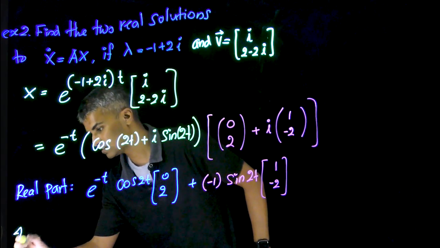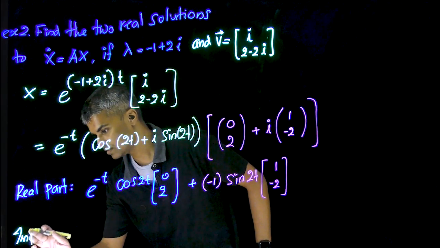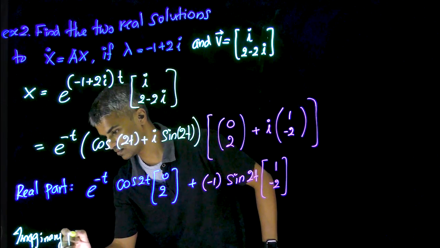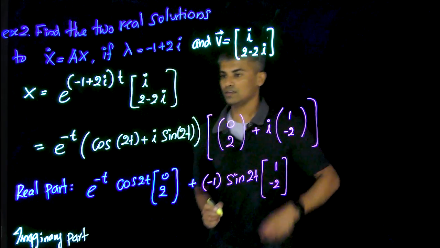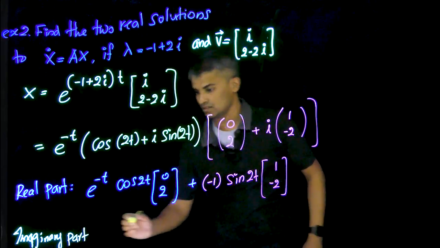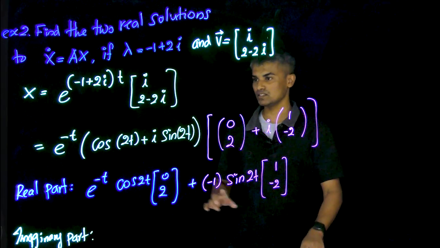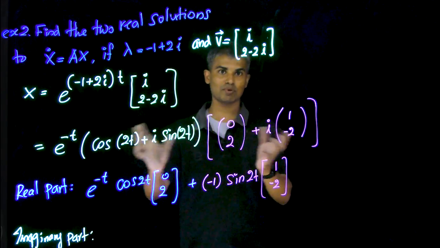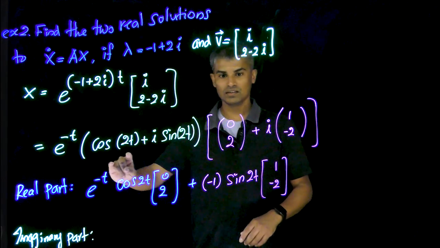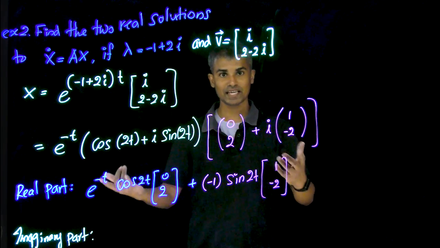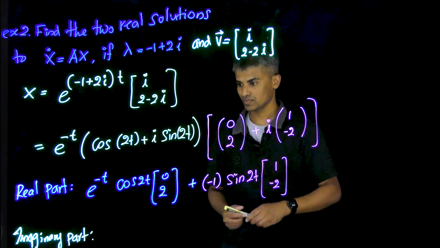Okay, now let us think about the imaginary part. To get the imaginary part, what we need to do is think about the terms with i. Of course, if you multiply a real term and an imaginary term, you will get another imaginary term.